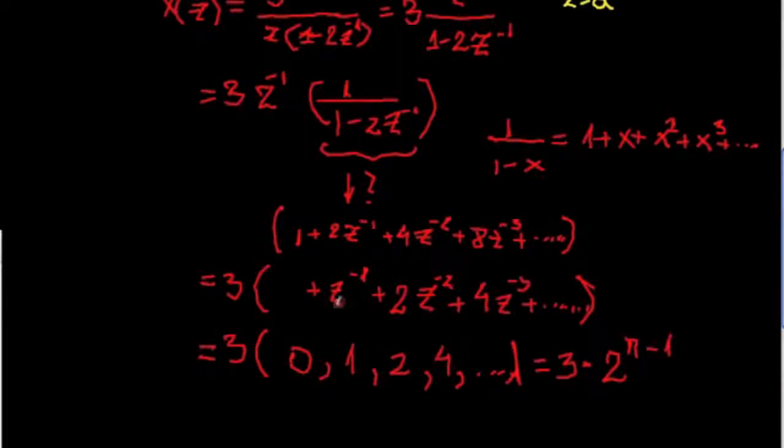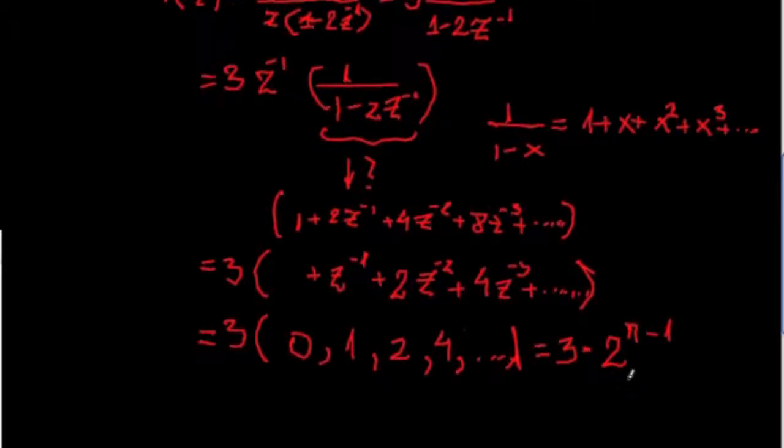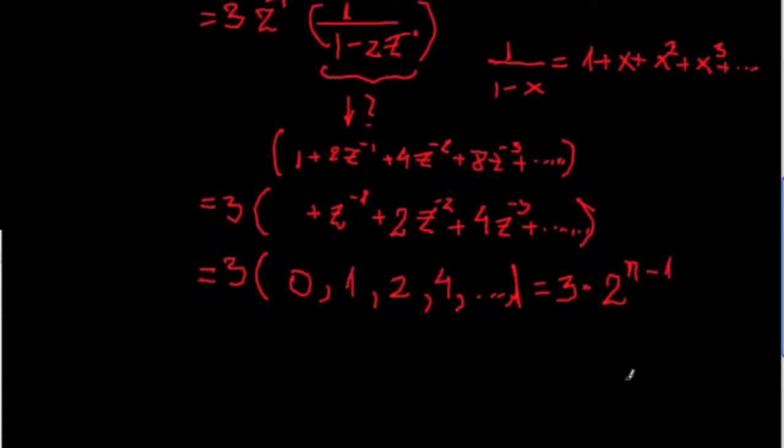So from this expression 1, 2, 4, we can generate that this is generated by the 2 to the n minus 1 difference expression, and therefore I purposely left this space at 0 because the final solution is 0 for n equals 0.